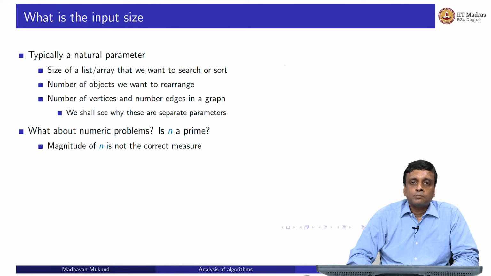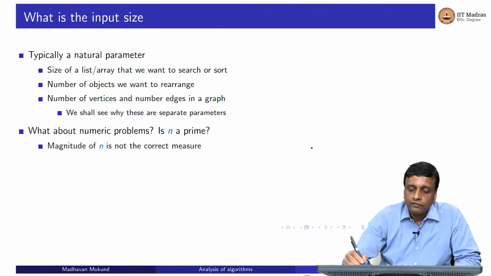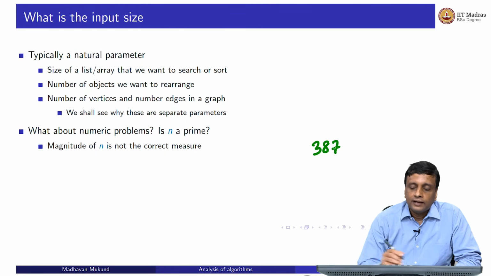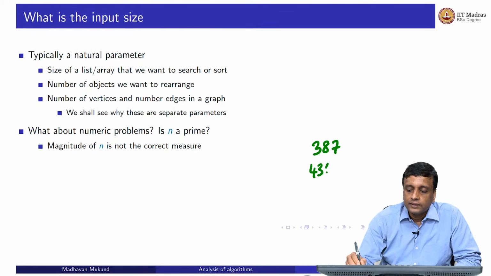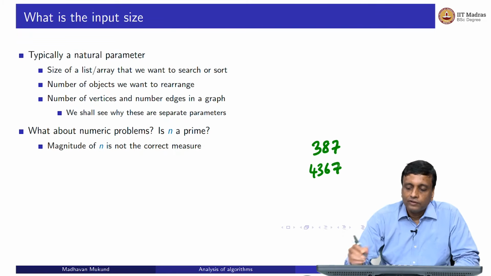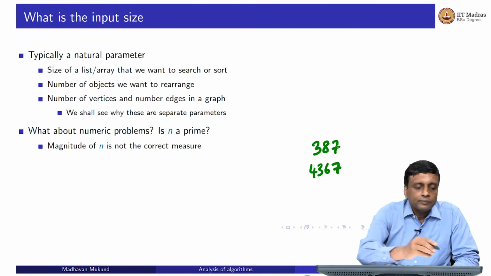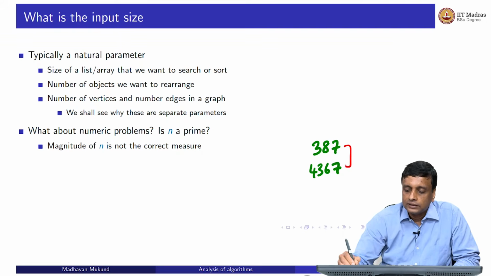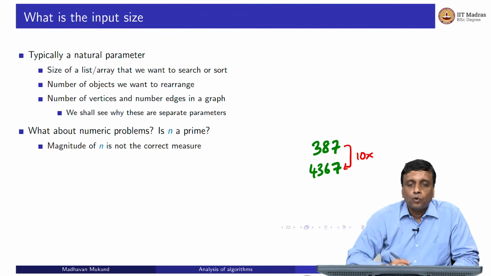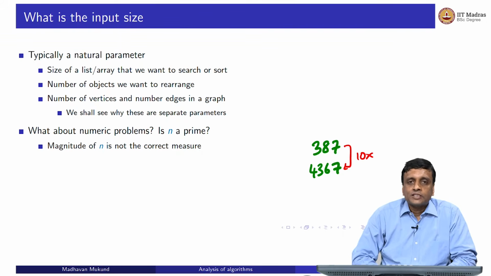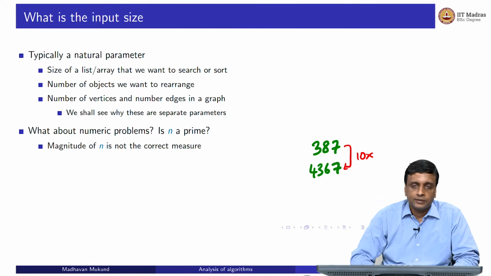So if we say something is proportional to the value of n, that means that if I give you some number like 387 and ask you whether it's a prime, and then I give you a number like 4367, going from the top to the next number, this is more than 10 times. But do you expect that it will take 10 times the effort to check whether a 4-digit number is a prime compared to a 3-digit number is a prime?